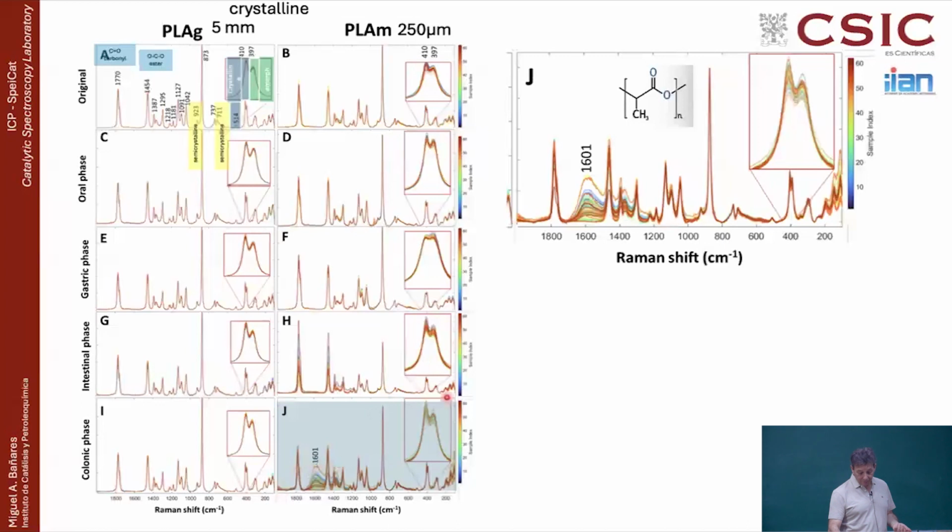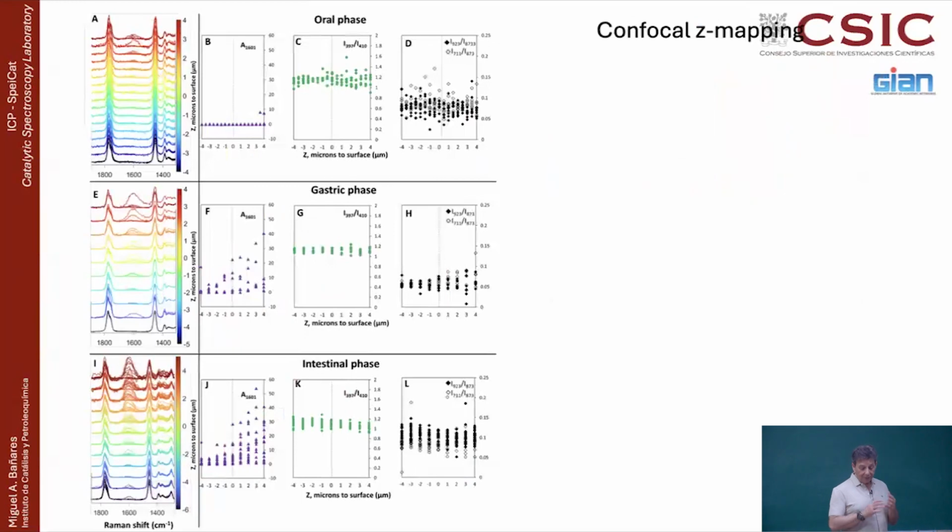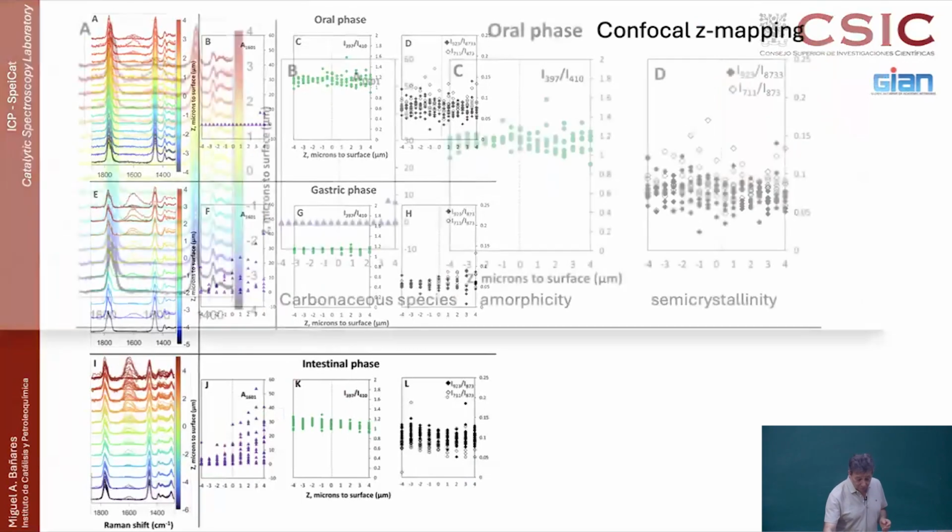Here you have a blow-up of this. Basically, you see that these are carbon deposits. Also, structural information is showing changes. Looking at the relative intensity of the bands, you can see that from the fresh to the used sample there is a change in amorphicity, a loss of semicrystallinity. And the most interesting is, okay, we see some carbon deposits. What are these carbon deposits exactly?